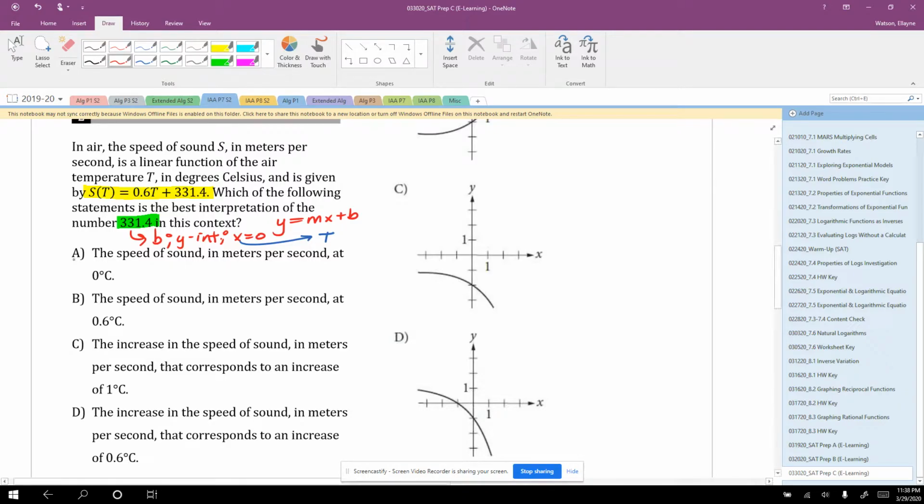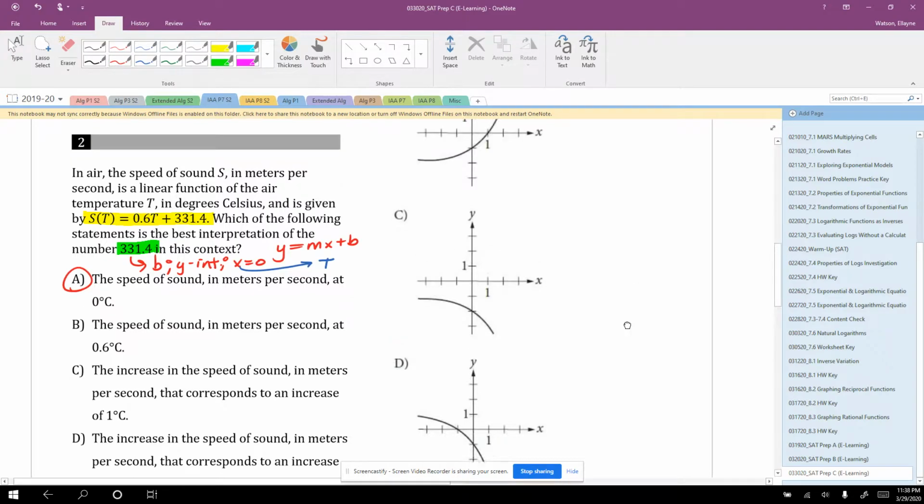So that's A. Okay. You should be able to eliminate C and D because it's not the increase because that's the 0.6. That's the slope. This is actually the speed. So if you plug in 0 for T, then the speed at 0 temperature is 331.4. Okay, let's move to the next one.